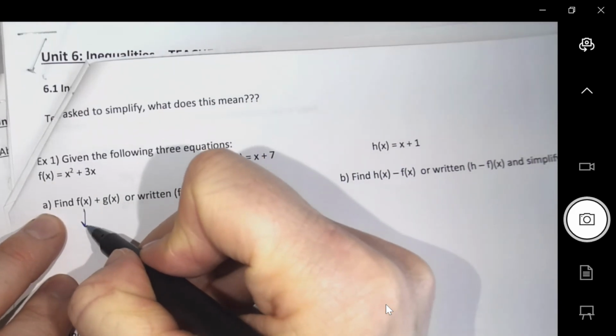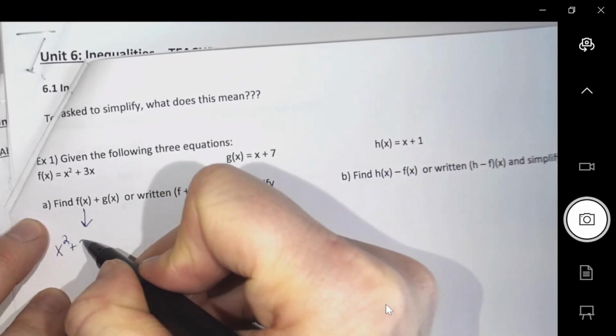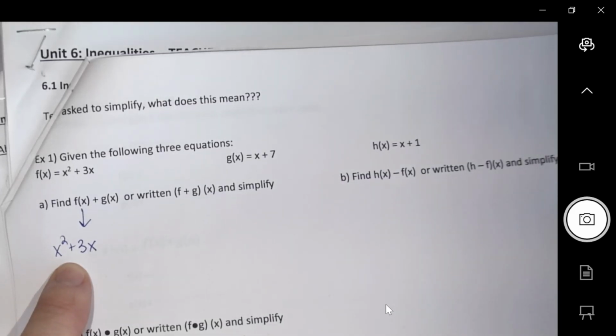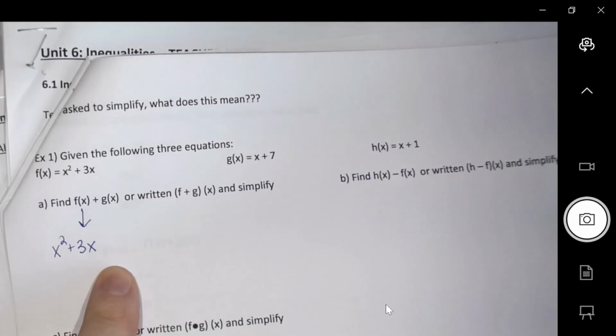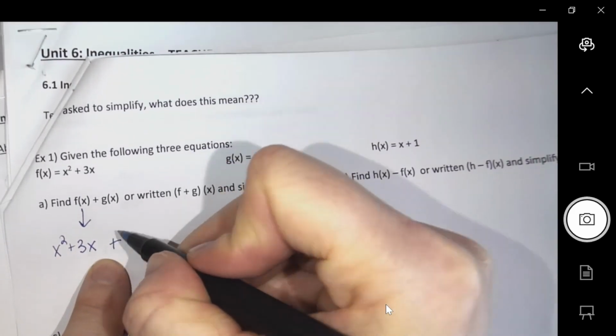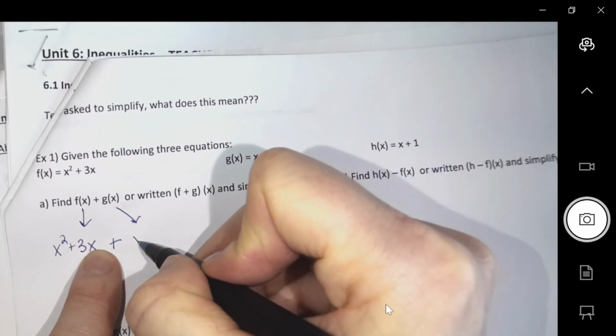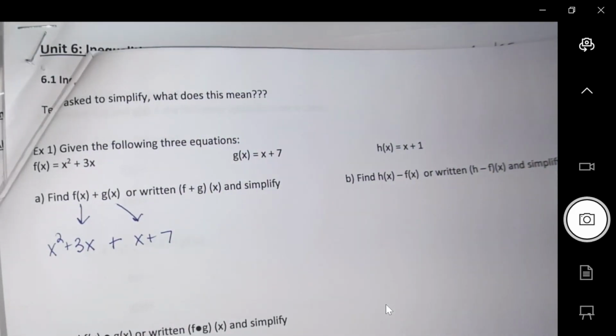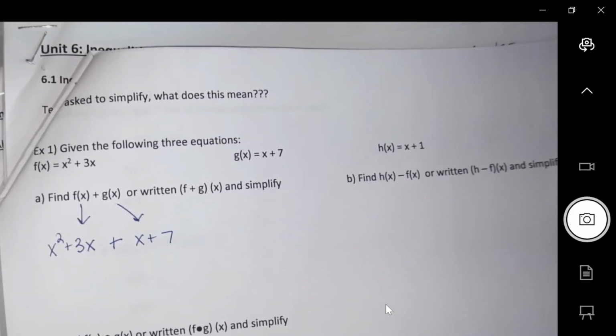So the f of x is that function, x squared plus 3, plus g of x. And it's asked us to simplify, so what does simplify mean?